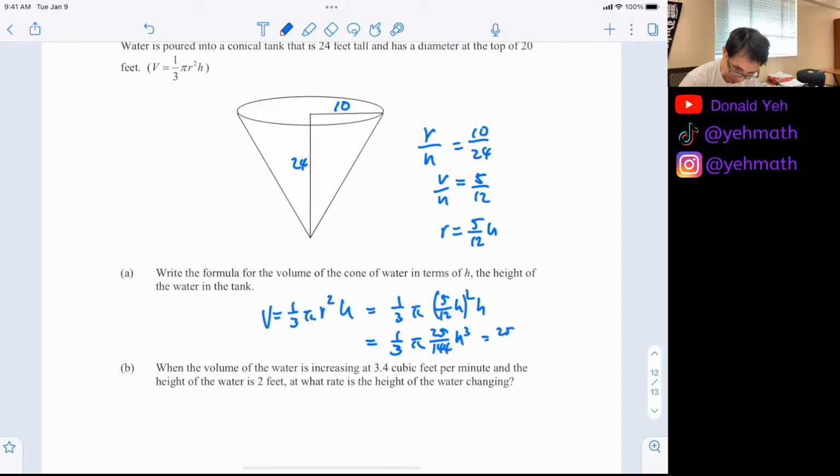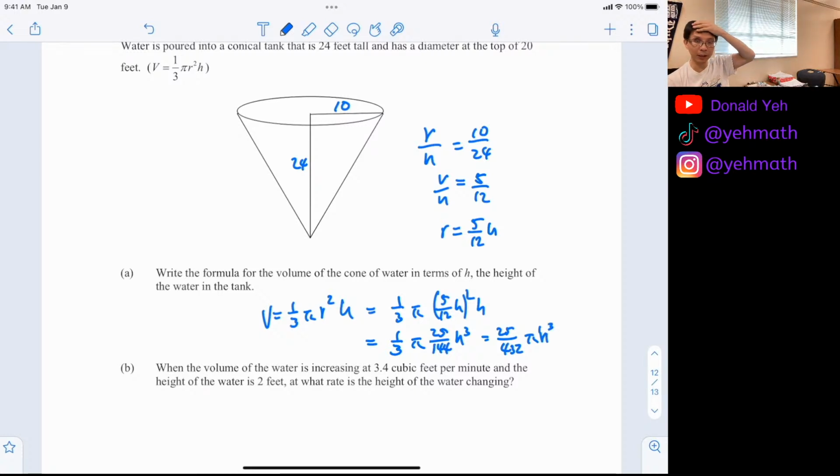So it'll be 25 over, I don't know what 3 times 144 is. 3 times 144 is equal to 432. So 25 over 432 pi H to the third.